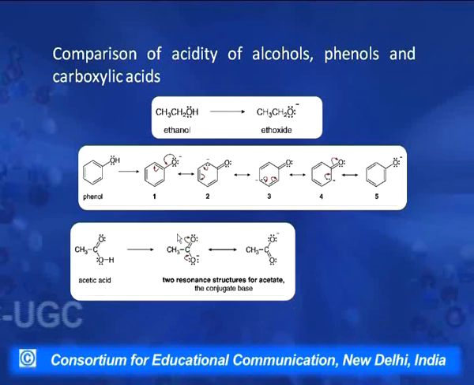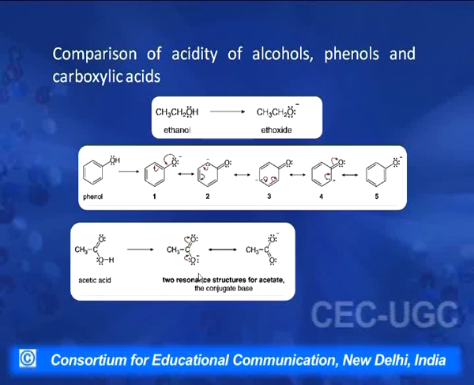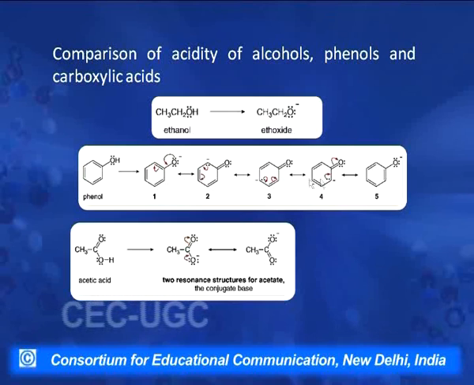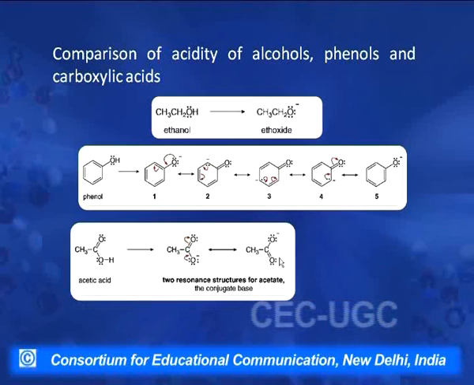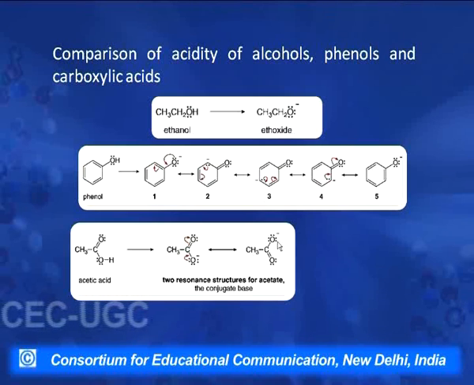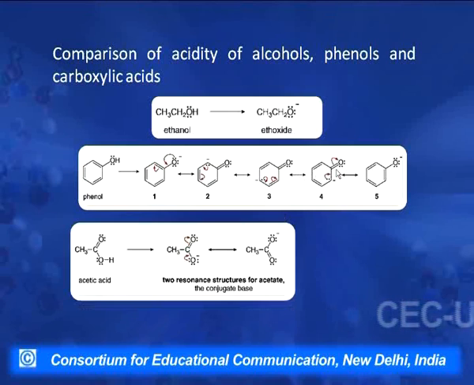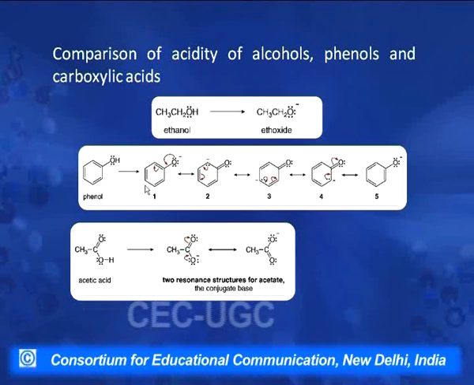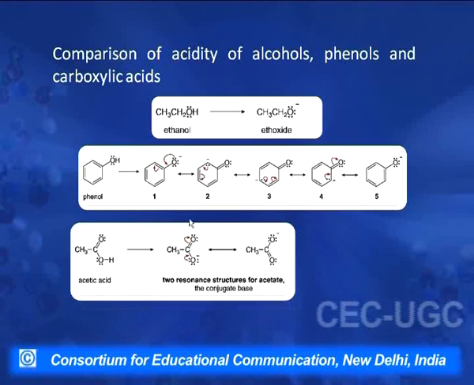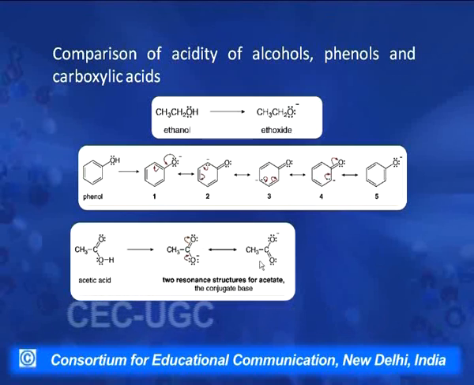So, there are just two resonating structures for carboxylate anion, but the stabilization obtained by this resonance is more than what is obtained by the four resonating structures of phenoxide ion, because here the negative charge is distributed from one electronegative oxygen onto another electronegative oxygen atom, whereas in phenoxide the charge was distributed over one electronegative oxygen and then from it to four less electronegative carbon atoms. So, overall stabilization obtained here is much more. And second thing, the two resonating structures are identical.